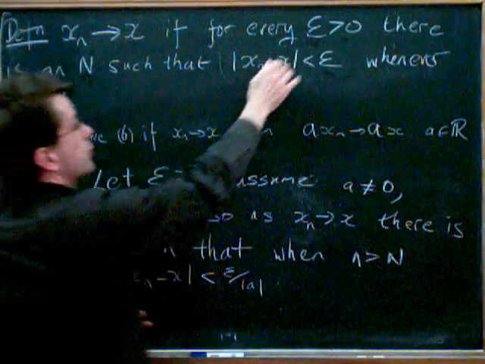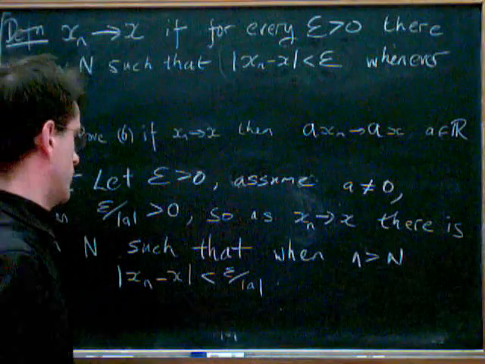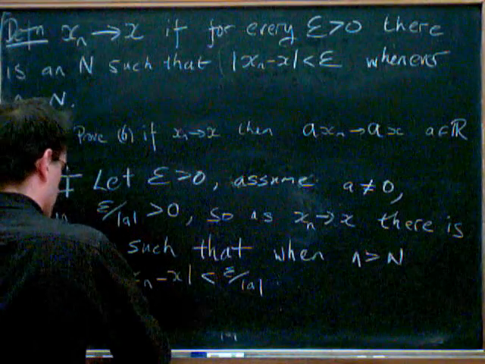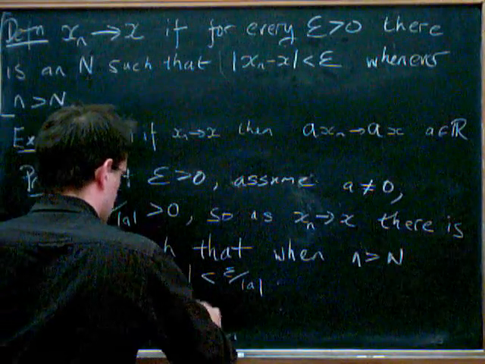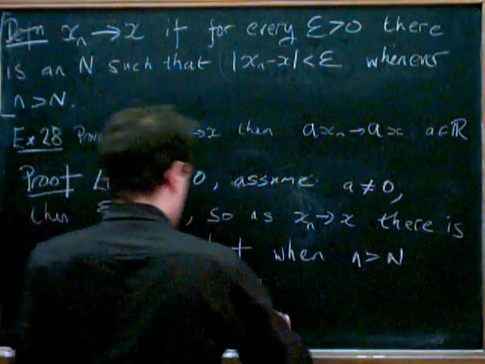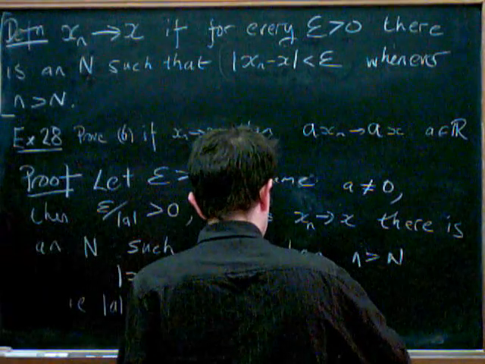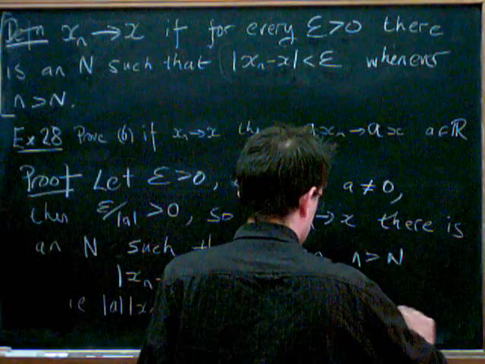Okay, so that's just using the definition, but epsilon over mod a is still a positive number, so we're fine. I.e. mod a times the modulus of xn minus x is less than epsilon. So, just running out of time, the modulus of axn minus ax is less than epsilon.